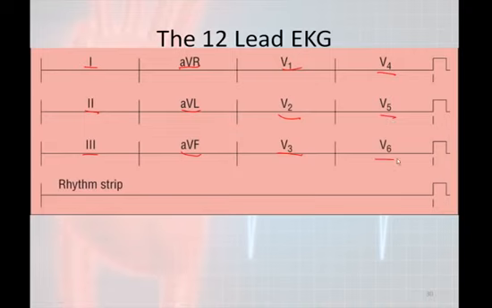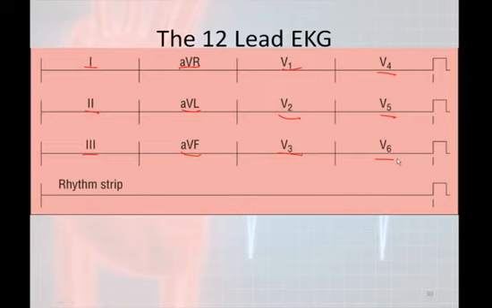All of these 12 leads are laid out pretty much exactly like this. This is considered a standard layout. It is possible that some people may change this standard layout, but most of the time, the first thing you do when you pick up a 12 lead and you look at it, this is the layout that all of the leads are going to be located.